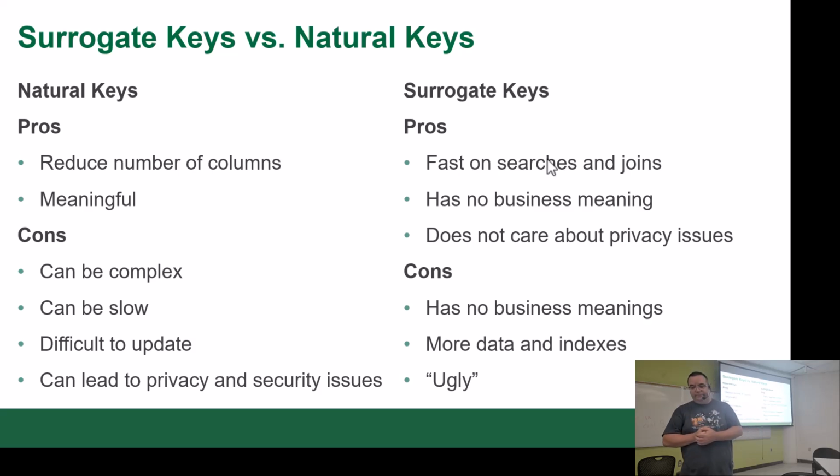And then you'll hear people complain that it's ugly. The purists say, I just want the pure data, and they complain that it's ugly because it's just a number and it has no meaning. So it's ugly. Whatever.